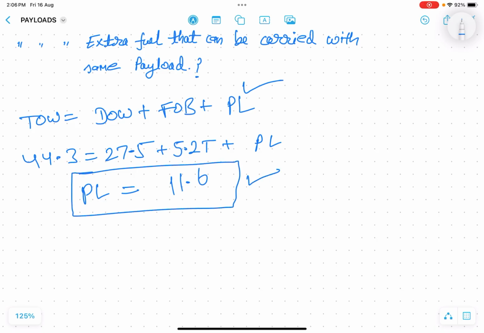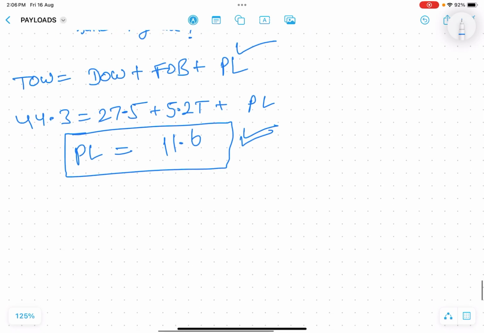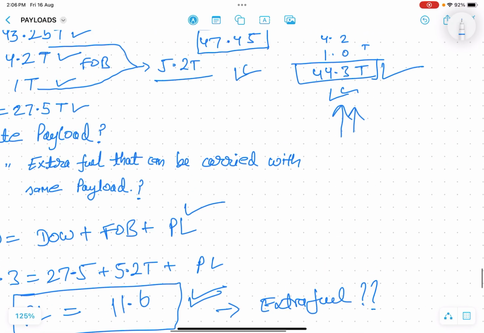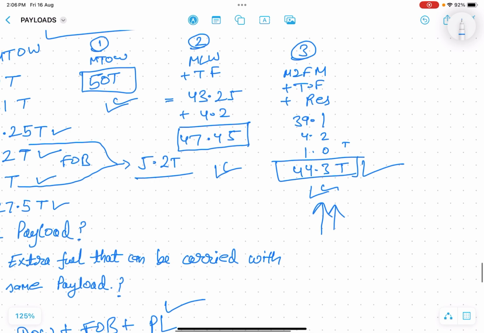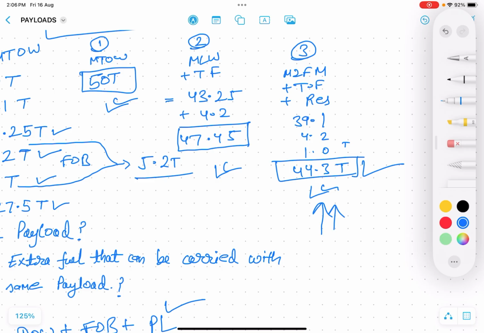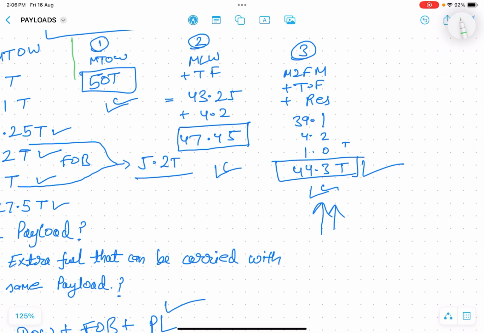Now with same payload, we have to calculate extra fuel that can be carried. So we are now calculating extra fuel. So please note that while calculating extra fuel, we will just have to consider the minimum of first two. And why not maximum zero fuel mass?